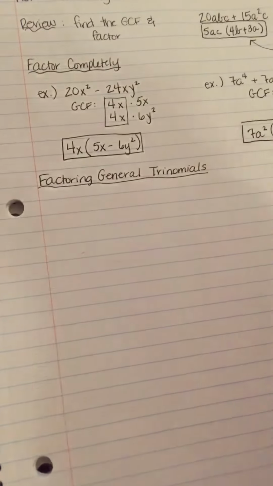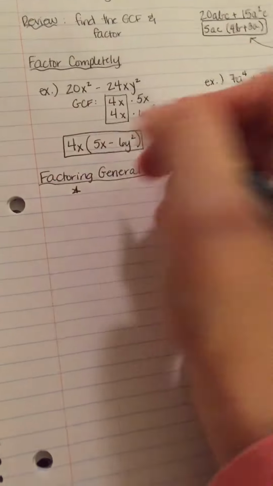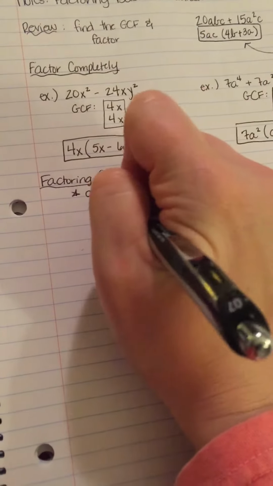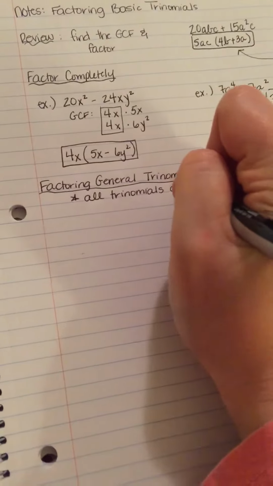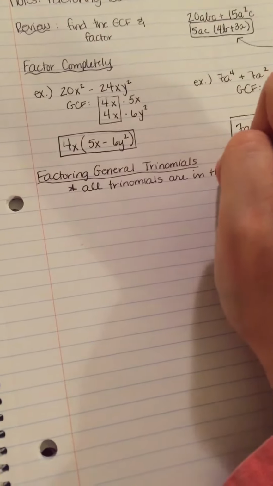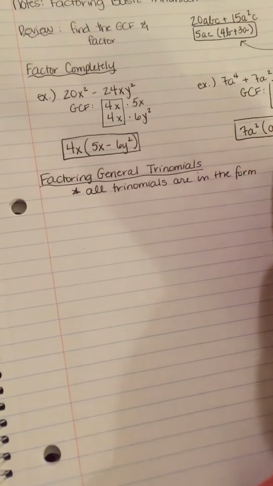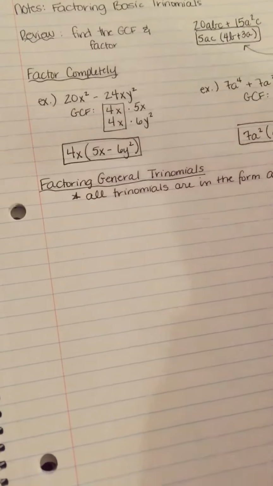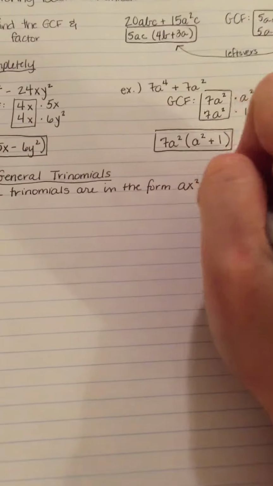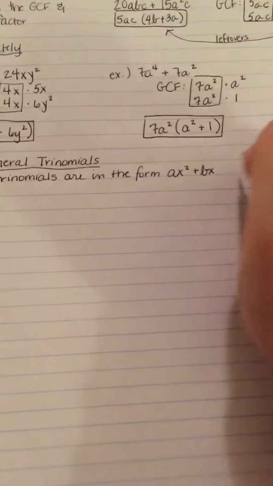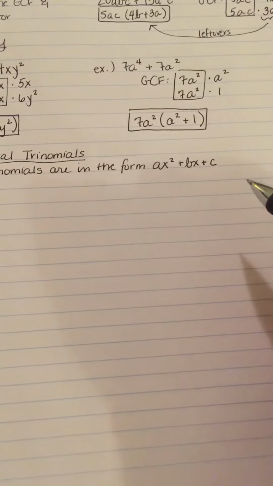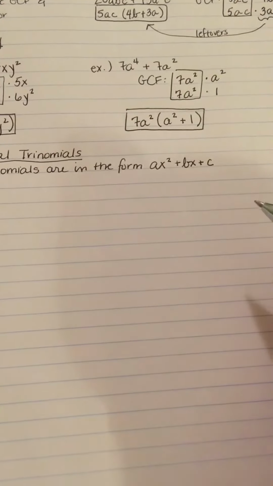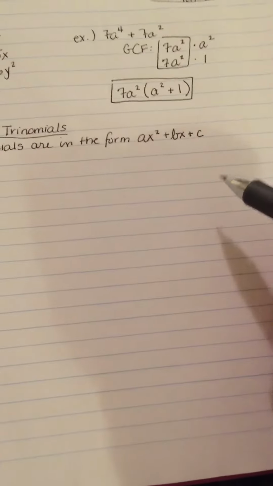The first thing I want you to know, and I want you to realize, is that all trinomials are in the form ax squared plus bx plus c. This is the format of every trinomial we've ever worked with when it comes to multiplication or just trinomials in general.